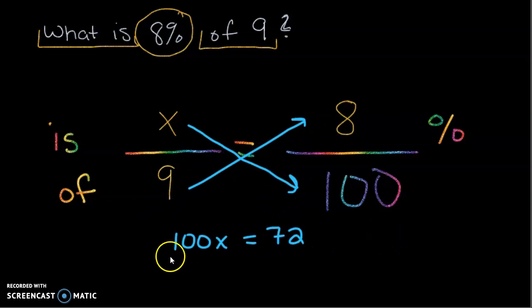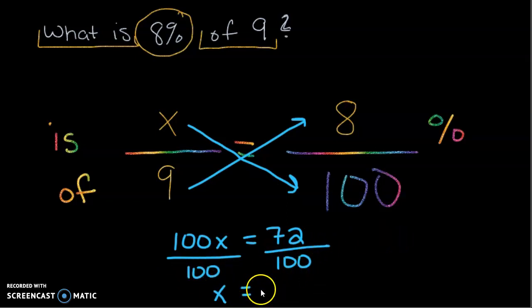Then your very last step is to divide. We want x by itself, so we need to divide out that 100. That is 7.2. So what is 8% of 9? Oh, sorry, it's 0.72. I can do math. 0.72.